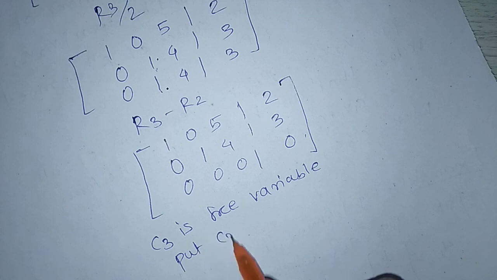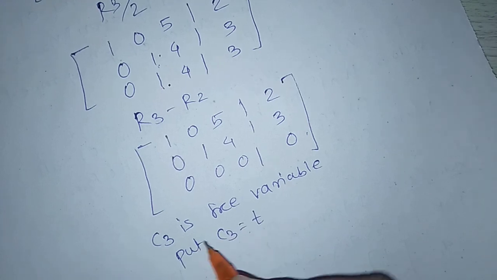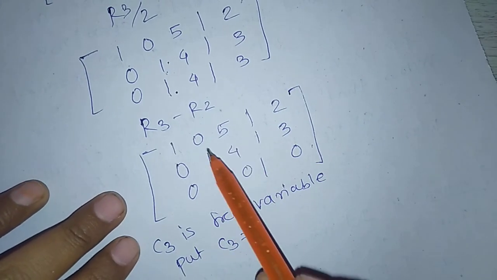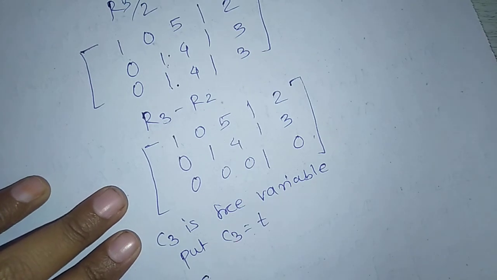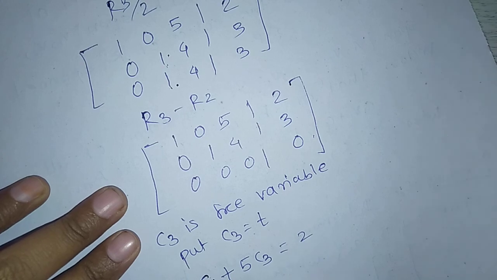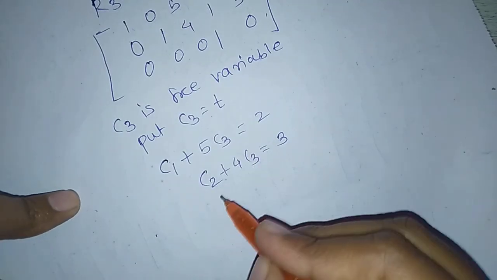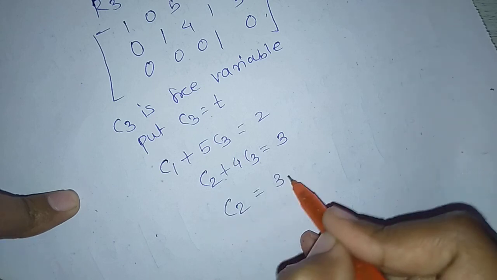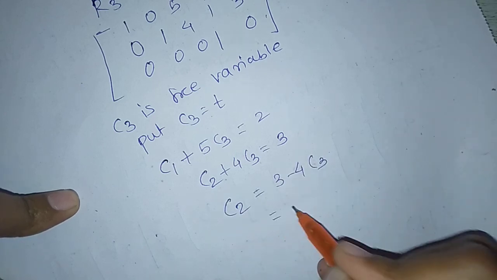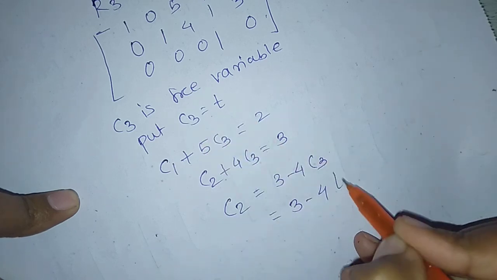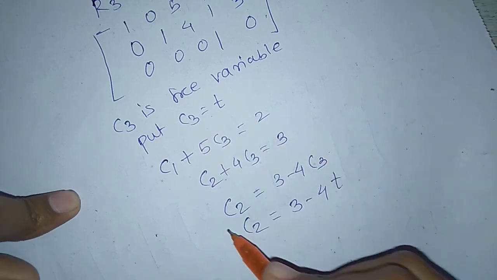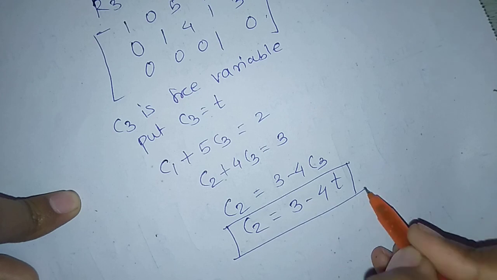Put C3 equal to t, and we have C1 plus 5C3 equal to 2 and C2 plus 4C3 equal to 3. These two equations come from this matrix. So C2 equals 3 minus 4C3, and C3 is t. So C2 equals 3 minus 4t.